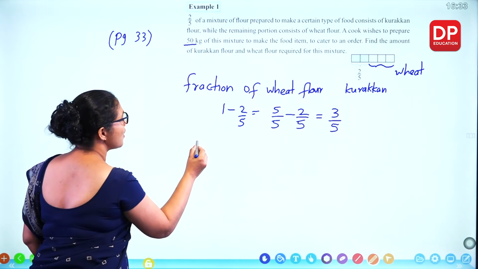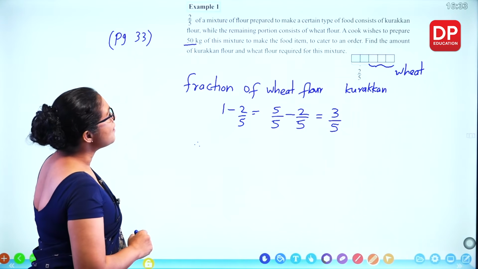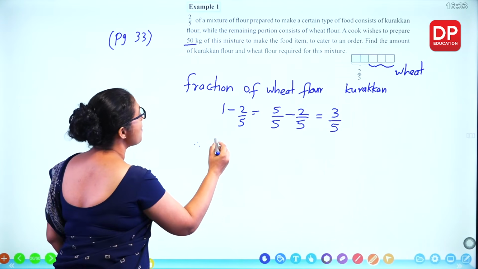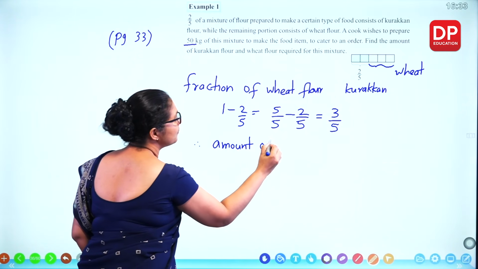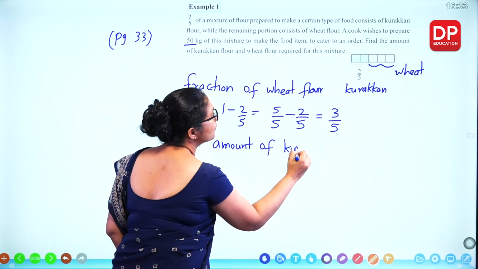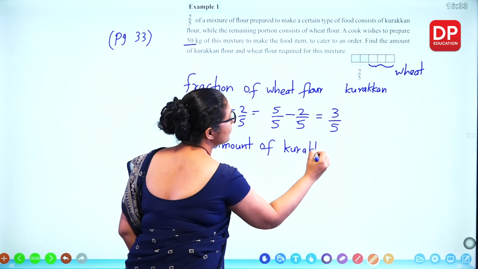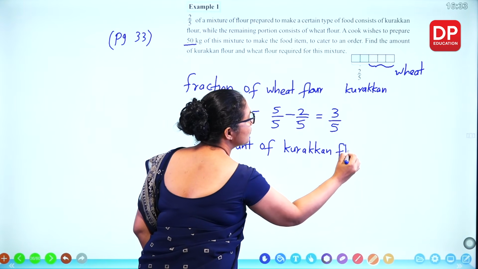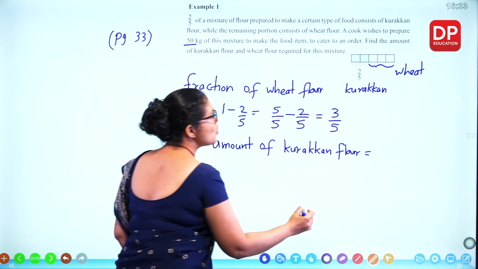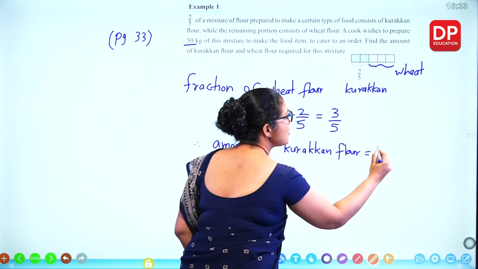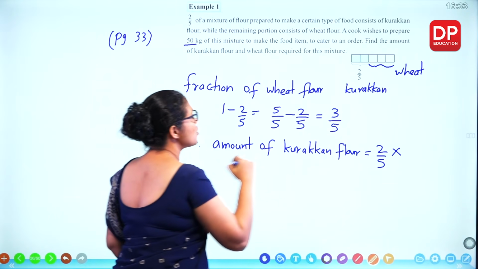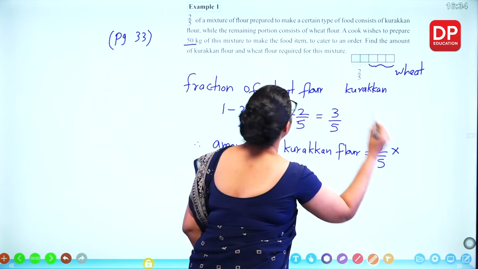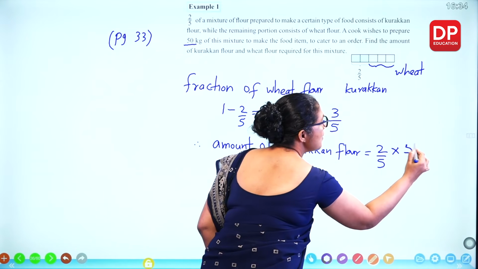So you can straight away write the amount of Kurakan flour is 2/5 of the 50 kilos of the mixture, because of means multiplication.